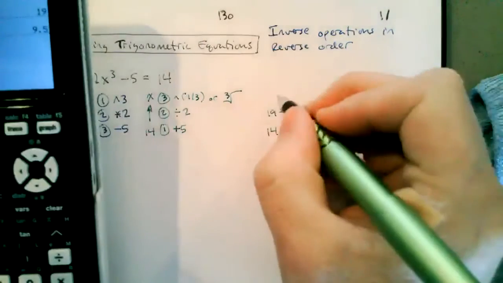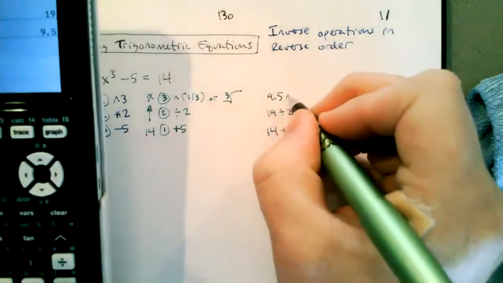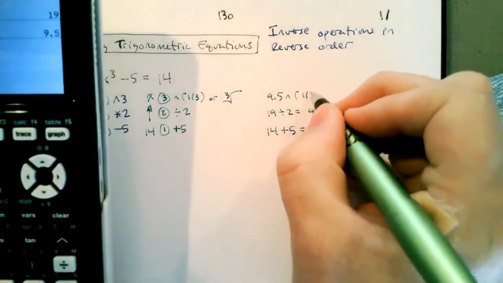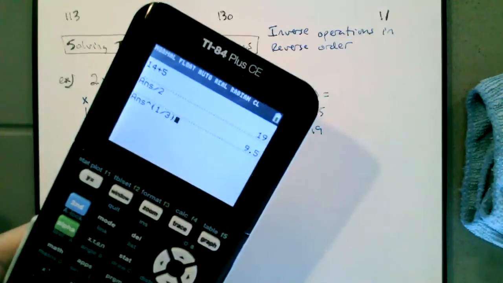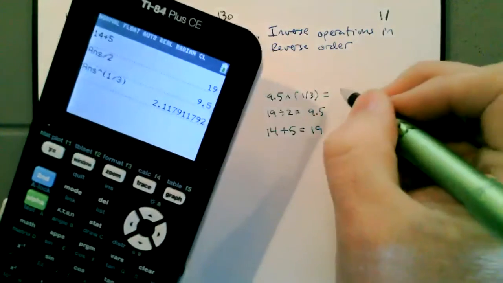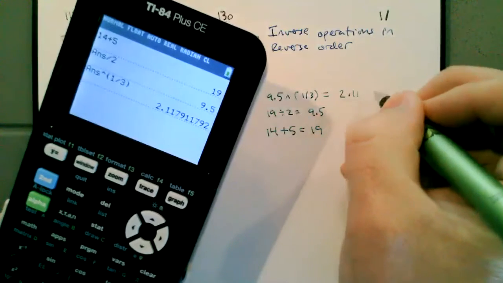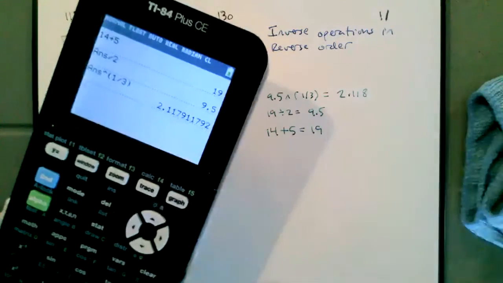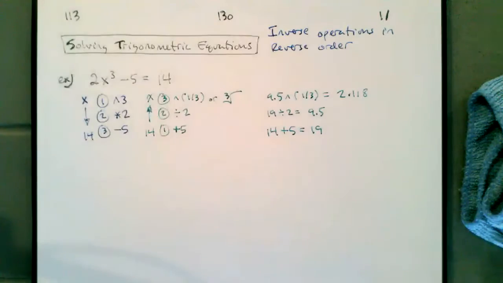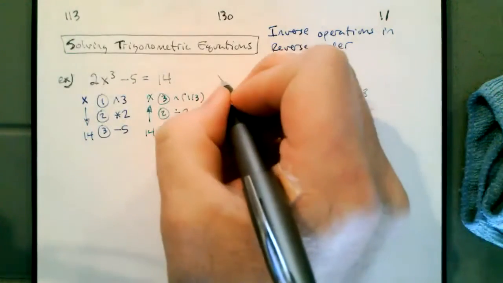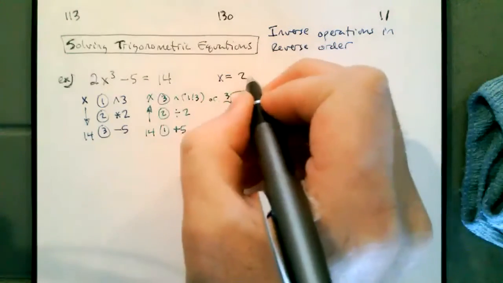And then we'll raise to the 1/3 power because that's the inverse of a third power. So we get 2.118. We'll round it to the nearest thousandth. And so then we go to report our answer and we just say x equals 2.118.